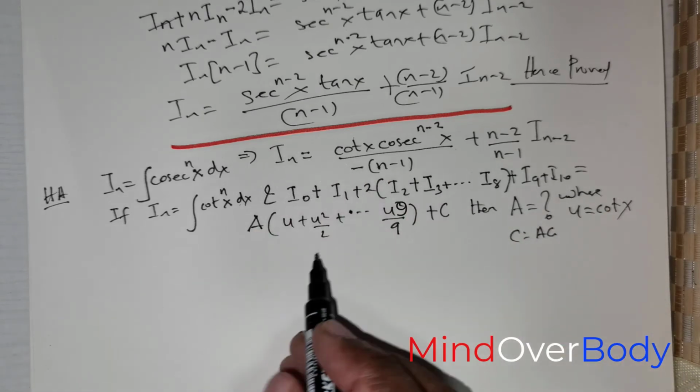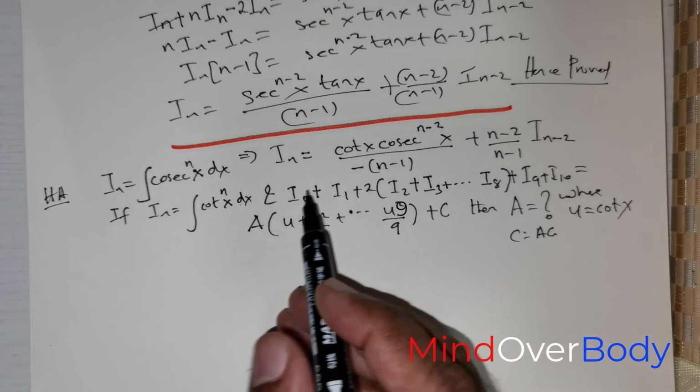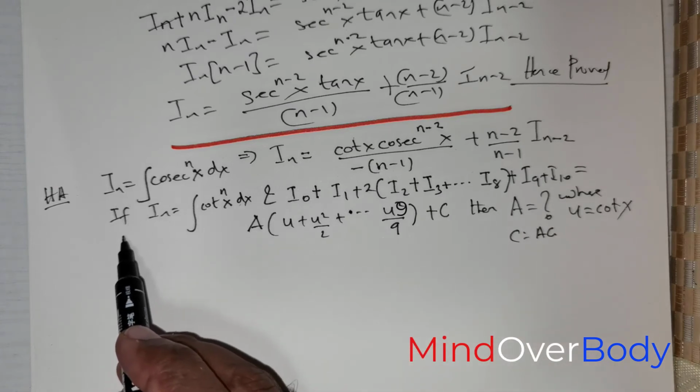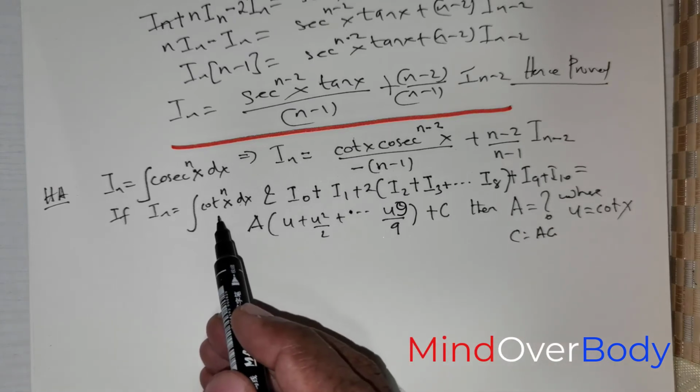Now the most important thing is we have a relationship connecting I_n and cot.